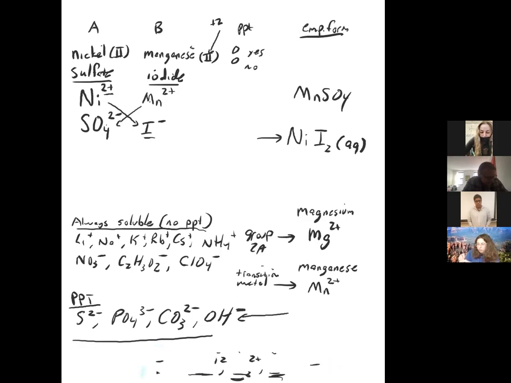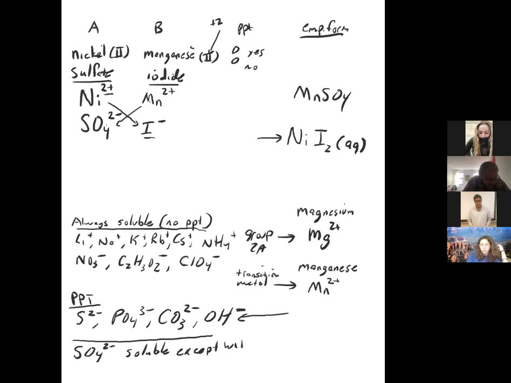And what I mean by that is this. It'll tell you that sulfates are generally soluble, except with, and then they give you some ions that are not soluble. And so that includes silver, mercury, lead, just like the chlorides, bromides, and iodides.